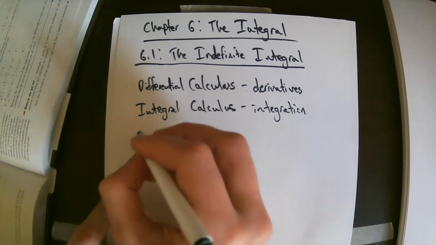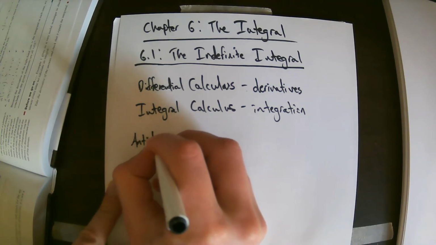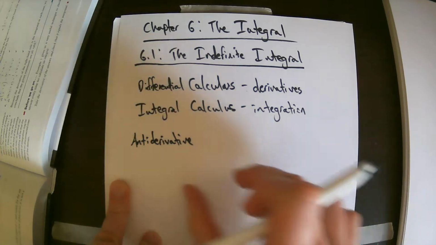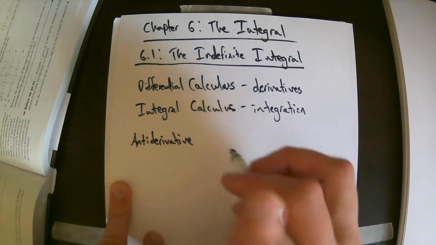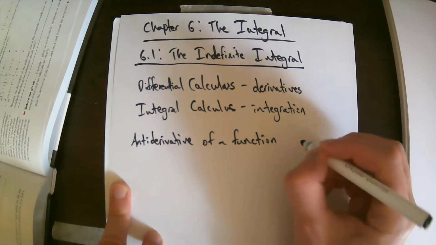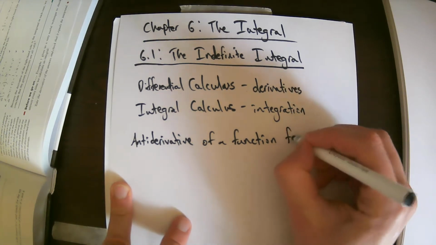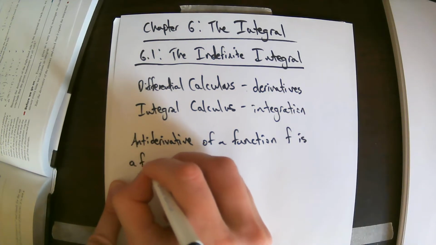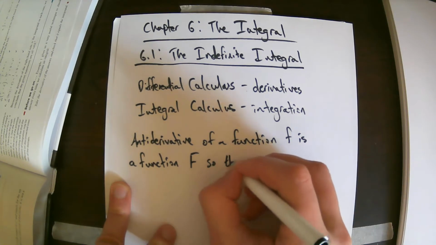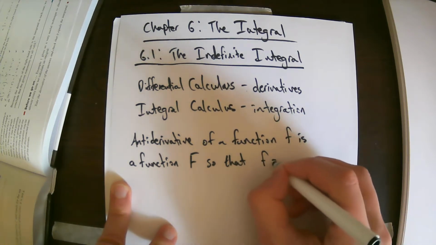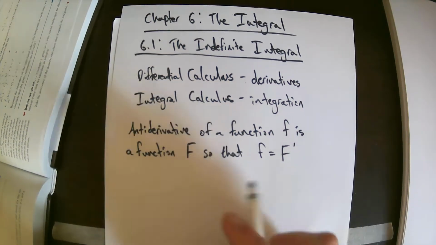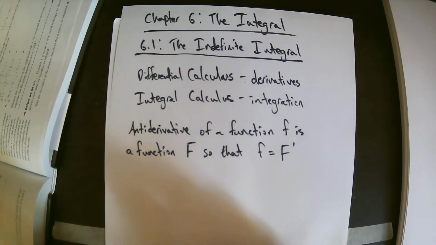first definition, an antiderivative. So we're going to be talking about integrals as antiderivatives, sort of the inverse operation of a derivative. So an antiderivative of a function f is another function, usually called capital F, so that little f is equal to capital F prime.